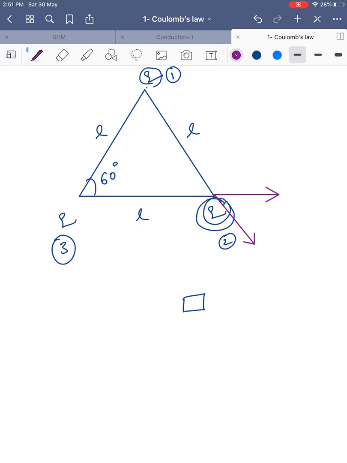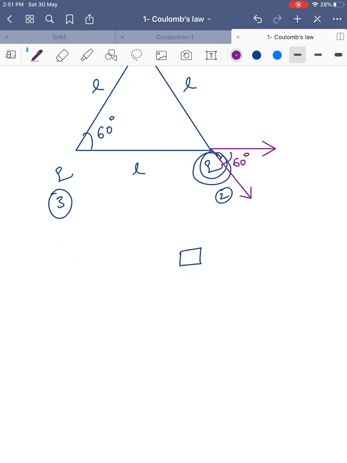How much angle are they making? 60 degrees. So if you draw a free body diagram, this is the force between 3 and 2, and another is the force between 1 and 2. How much is the angle? 60 degrees.